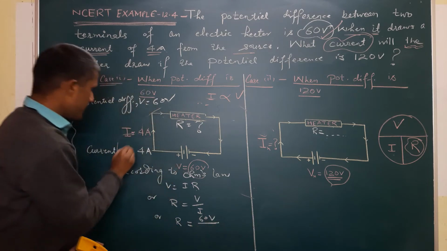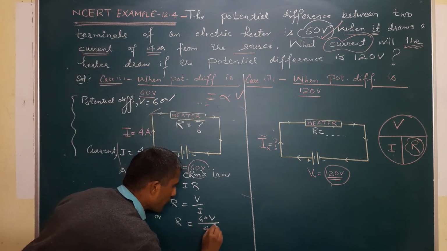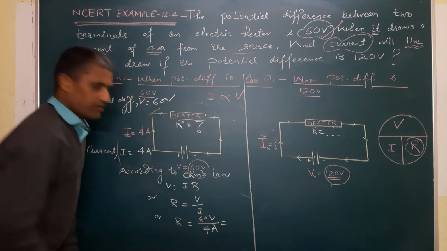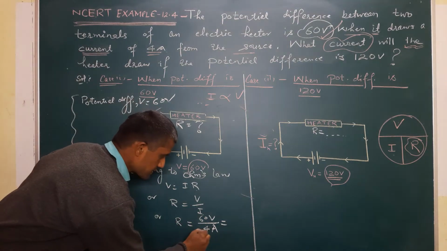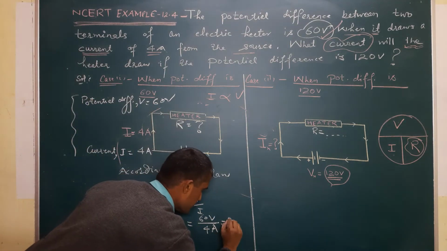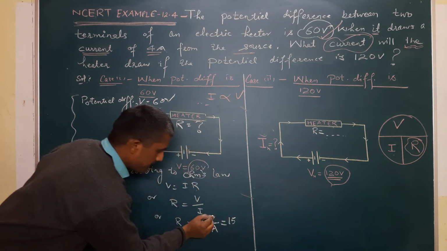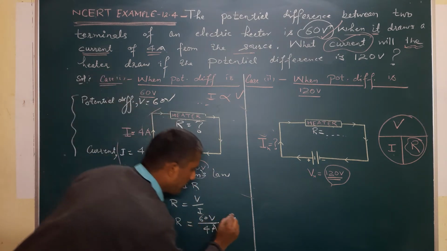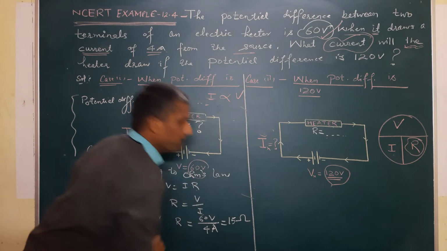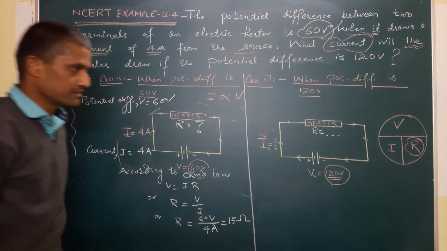60 volt, and it is 4 ampere, and this is 15. 4 ones are 4, 4 15s are 60, and volt upon ampere. Volt upon ampere is Ohm.